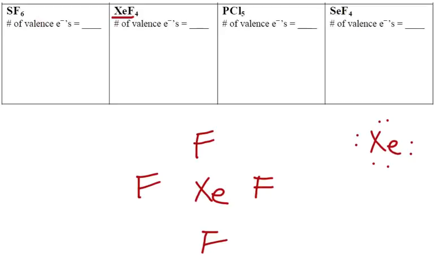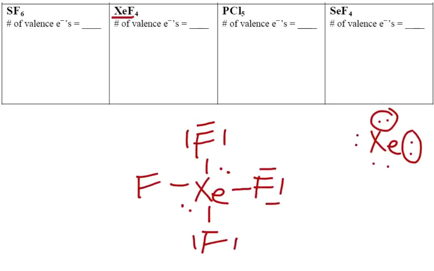What will happen is 4 of its electrons are used to connect the fluorines. That still leaves 4 more, and so I'm going to write those as 2 lone pairs, and I just put them over here in the corners. So here's fluorine, fluorine, fluorine, and fluorine, and that's the picture that goes for xenon tetrafluoride.